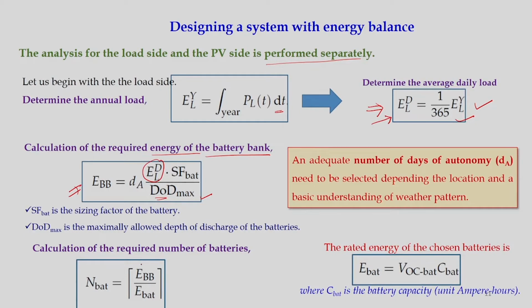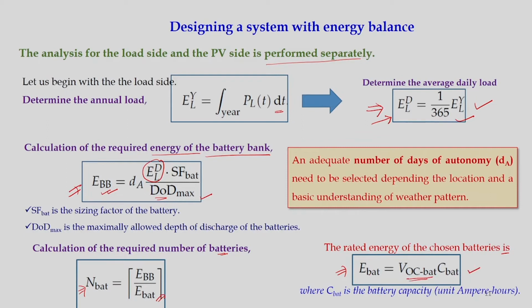Now, what we are interested in is the required number of batteries. Once we know this EBB, that is the energy to be delivered by the battery bank, and we know EBAT, then we can calculate NBAT, the number of batteries required. So, how to calculate EBAT? The rated energy of the chosen batteries is EBAT equals VOC BAT, the battery VOC, multiplied by CBAT, the capacity of the battery.